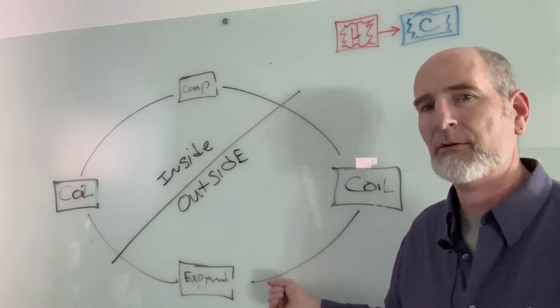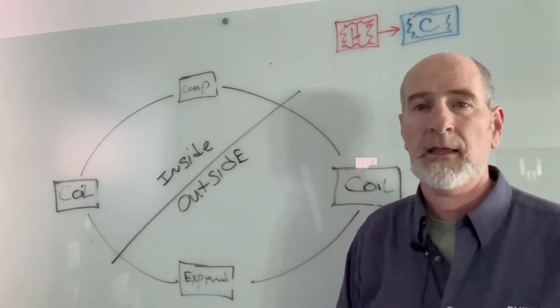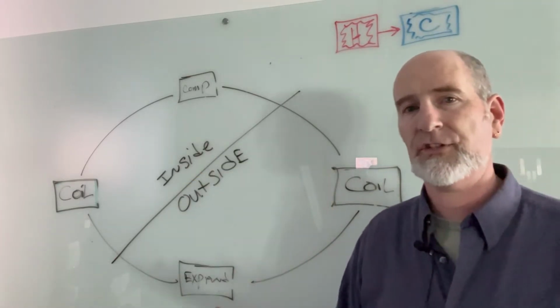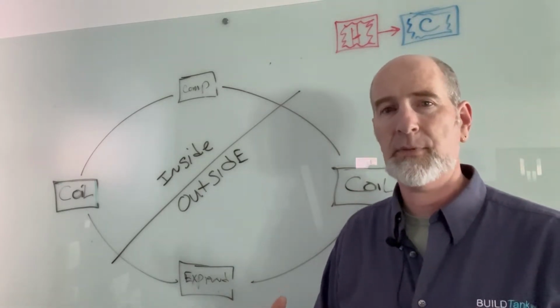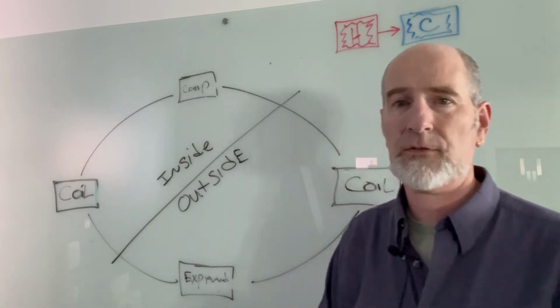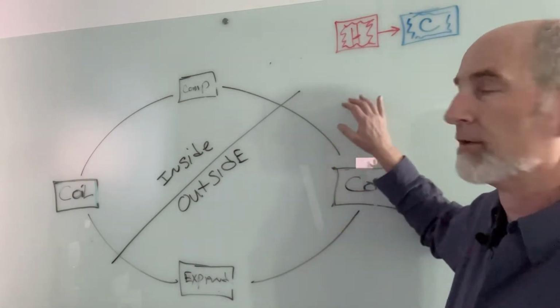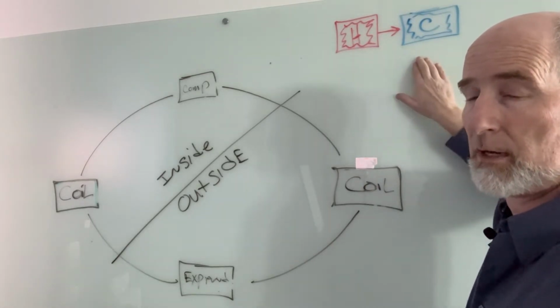The other thing about this refrigerant cycle is that it's transporting energy. It's not actually creating energy. So it has the ability to leverage the second law of thermodynamics, which says that energy always goes from hot to cold, or from higher concentrations to lower concentrations.